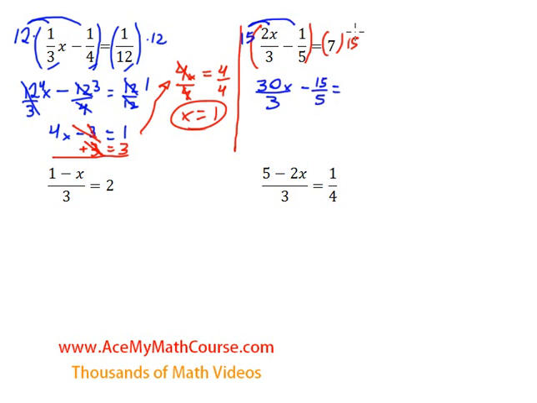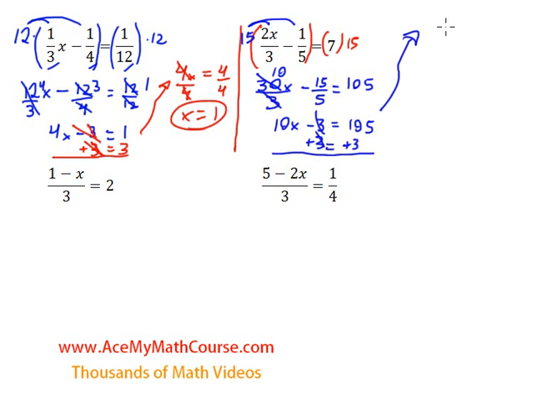And 7 times 15 is 105. Now 30 divided by 3 is just 10. So we get 10x. 15 divided by 5 is 3. So we get minus 3 equals 105. Now I can add 3 to both sides. Why is that? Because negative 3 plus 3 is 0.